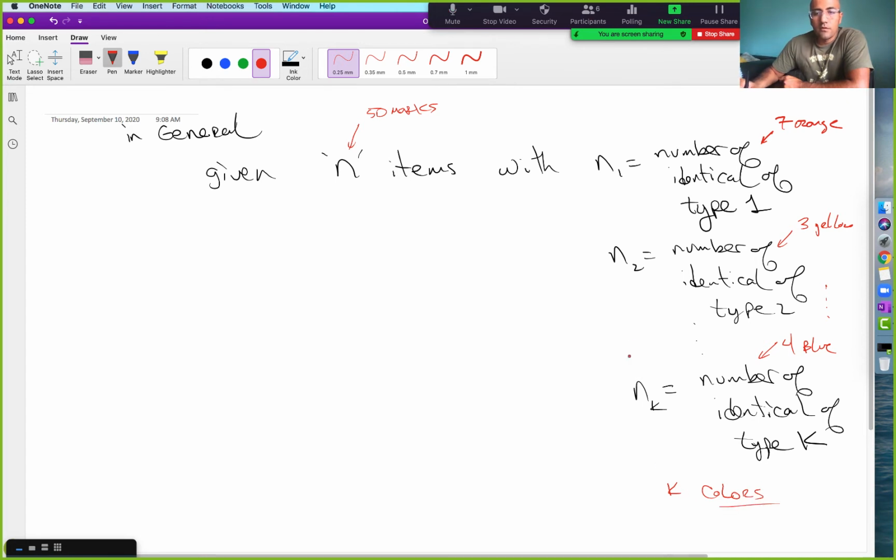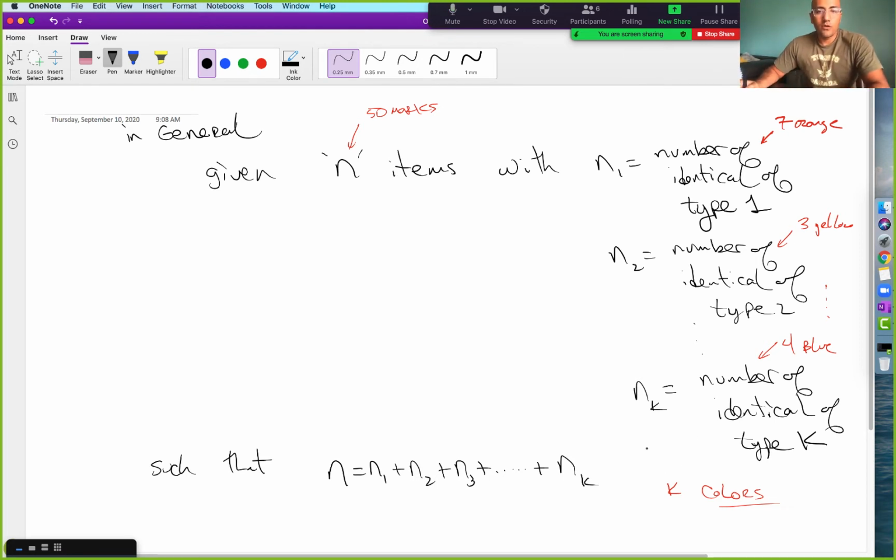Okay, so it must be true such that n must be equal to the sum of all those markers. n sub 1 plus n sub 2 plus the third color of marker plus dot, dot, dot, all the way out to that last one, right? And there are k number of colors. Good.